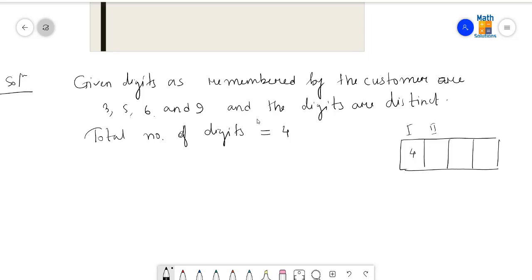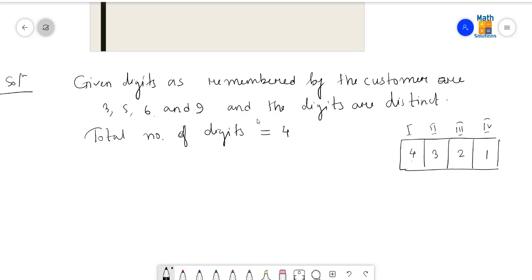After using one digit here, only 3 options are left. Then for the third place, 2 options are left, as 2 digits are already used for the first 2 positions. Similarly, for the fourth place, how many options do we have left? Only 1 option, because we already used 3 options in the first 3 positions.